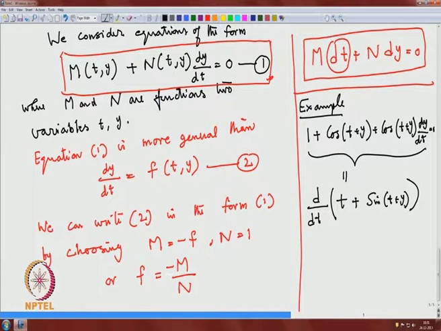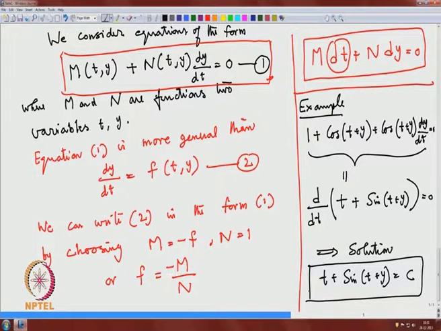If you differentiate, you get 1 plus cos of t plus y, and the other factor times dy by dt, so the equation reduces to this form, and this gives you the solution in implicit form: t plus sin of t plus y is equal to constant, you see. Not every differential equation is exact.